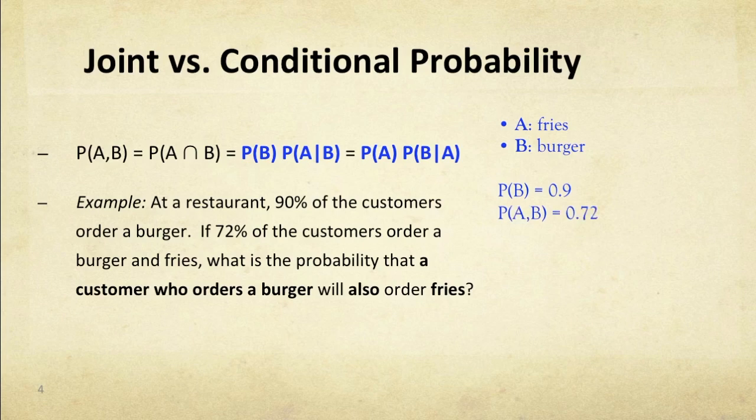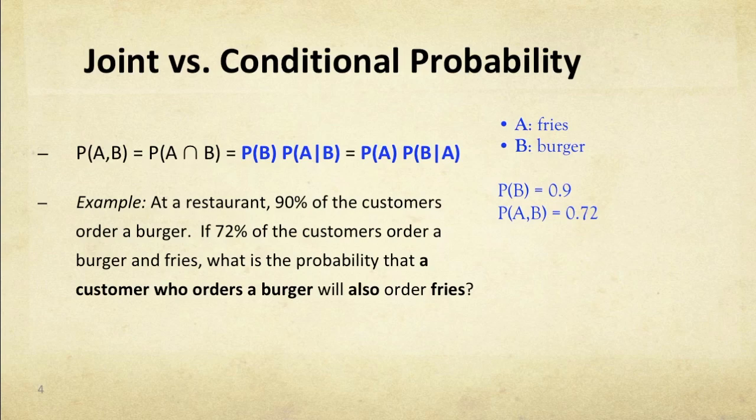Now you also know the joint probability that these two things will be ordered together. P(A and B) is 72%, the chance the customers order both burger and fries.